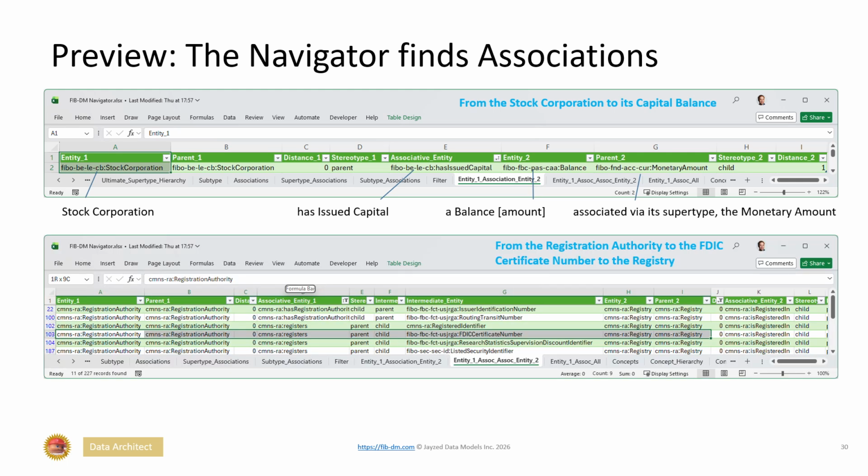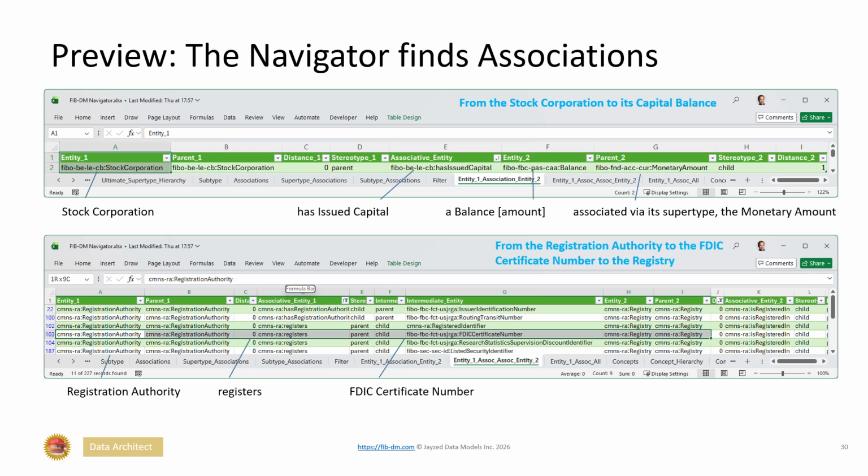Likewise, we can look all the way from the registration authority to the FDIC certificate number to the registry. So we filter by registration authority. We see the registration authority is related to the associative entity registers.